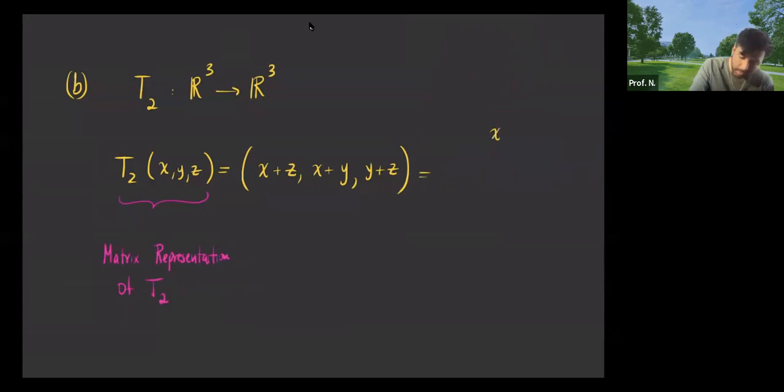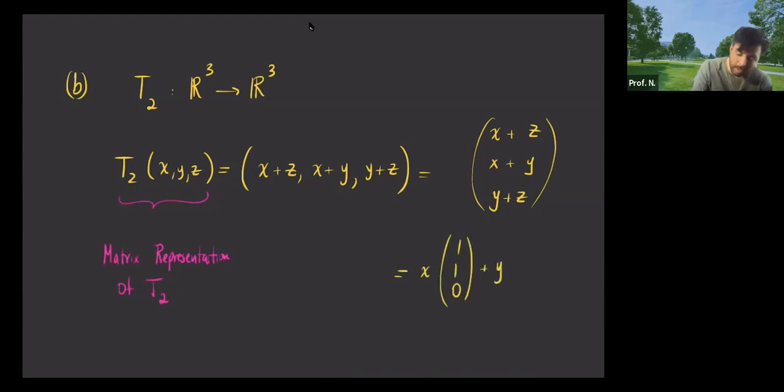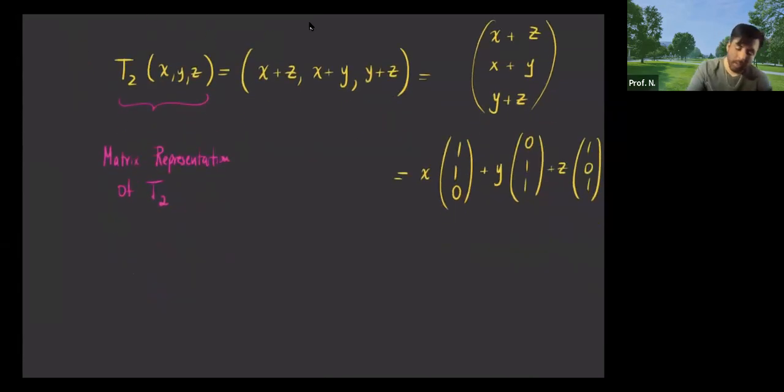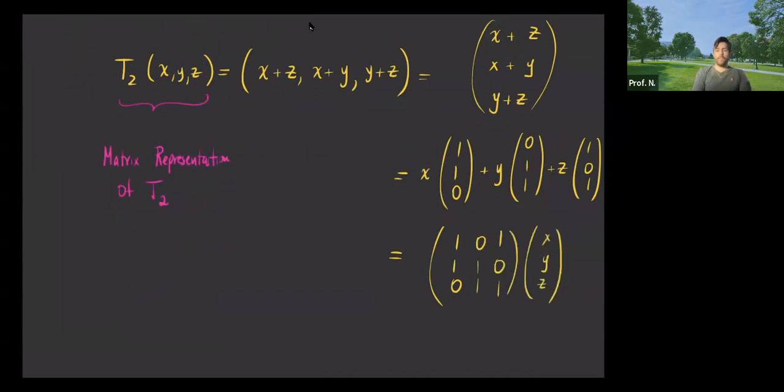This can be written as x times 1, 1, 0 plus y times 0, 1, 1 plus z times 1, 0, 1. But this is really the matrix 1, 1, 0, 0, 1, 1, 1, 0, 1 multiplied by the column vector x, y, z. It's the same thing. So this matrix represents T2.